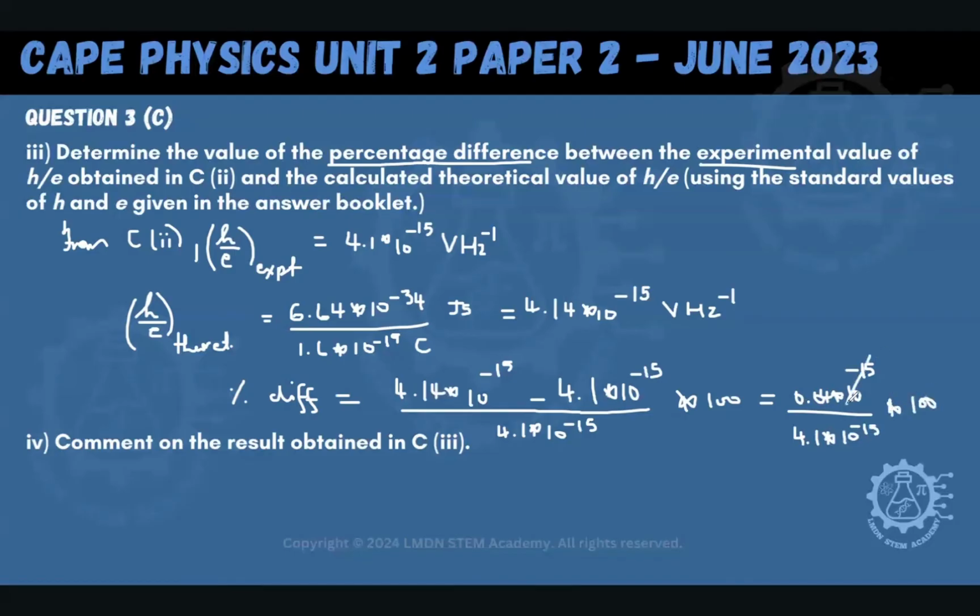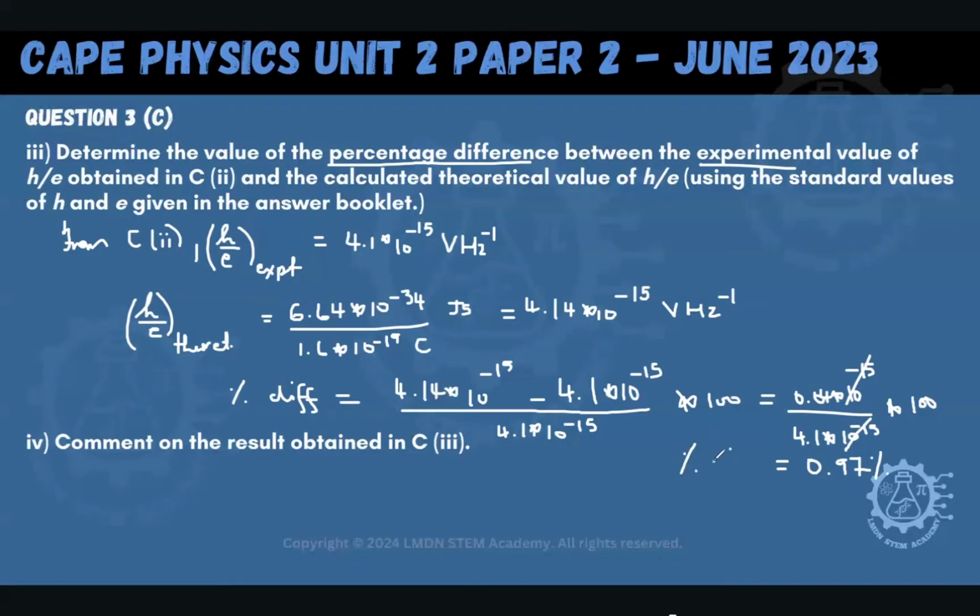In the end, I'm going to end up with a value of 0.97%.